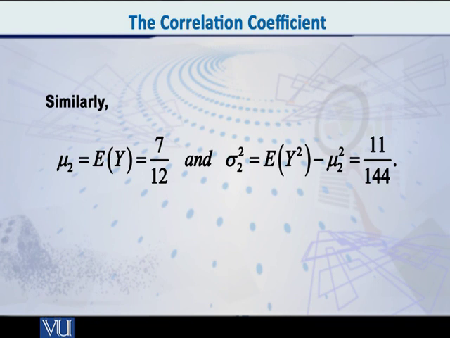That also comes out to be 7/12, and we can also find the variance of the random variable y. That also comes out to be 11/144.